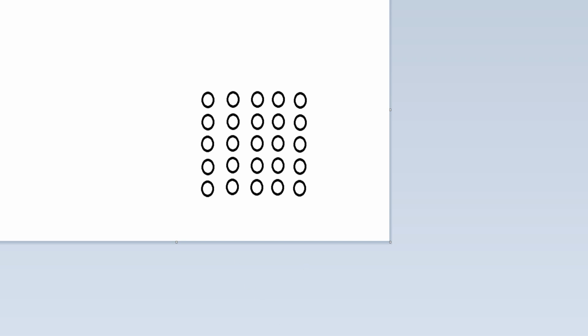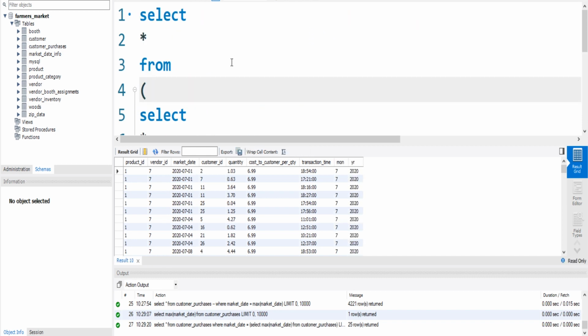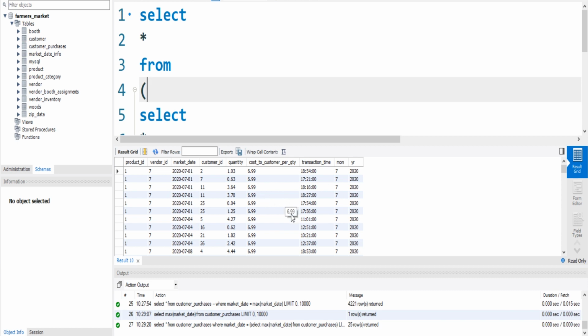So what I want you to think about is, and I'm going to have this set up so we can think about it, how in the world could you derive an algorithm that will allow you to have the previous month? Right here we have a market date, then a month value, then a year value.